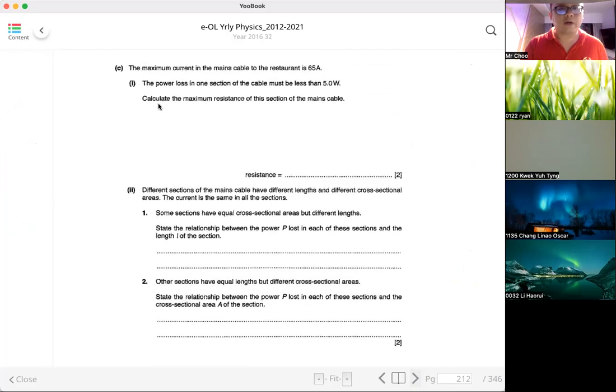Okay, now calculate the maximum resistance of this section of the mains cable. Just do this one. These two, don't do. Okay, let's do this one.